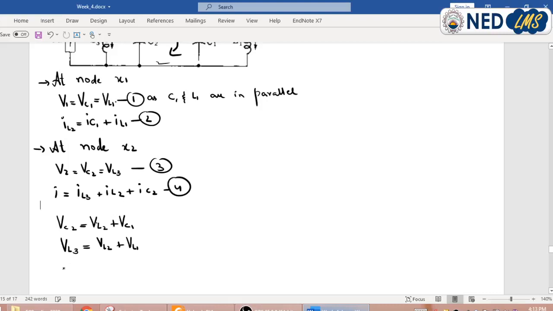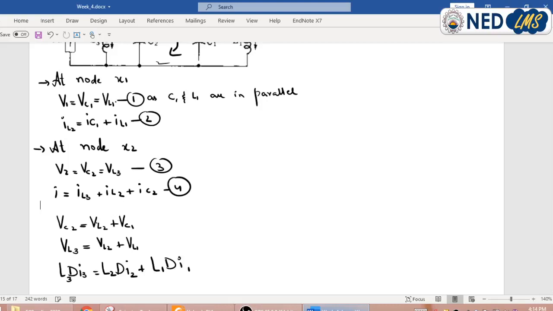In terms of current, this equation will become L3 dI3, similarly VL2 will be L2 dI2, plus VL1 is L1 dI1.